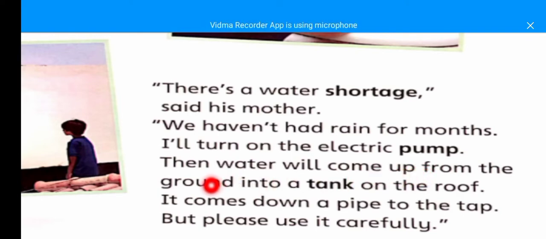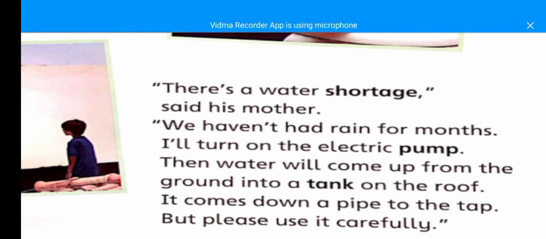And at the end she is telling that from the water tank the water will come down to our tap through a pipe. So here is the procedure of how we are getting water in our homes. First of all, our electric pump pulls up the water into the water tank on our roofs, and then the water will come into our tap through a pipe.